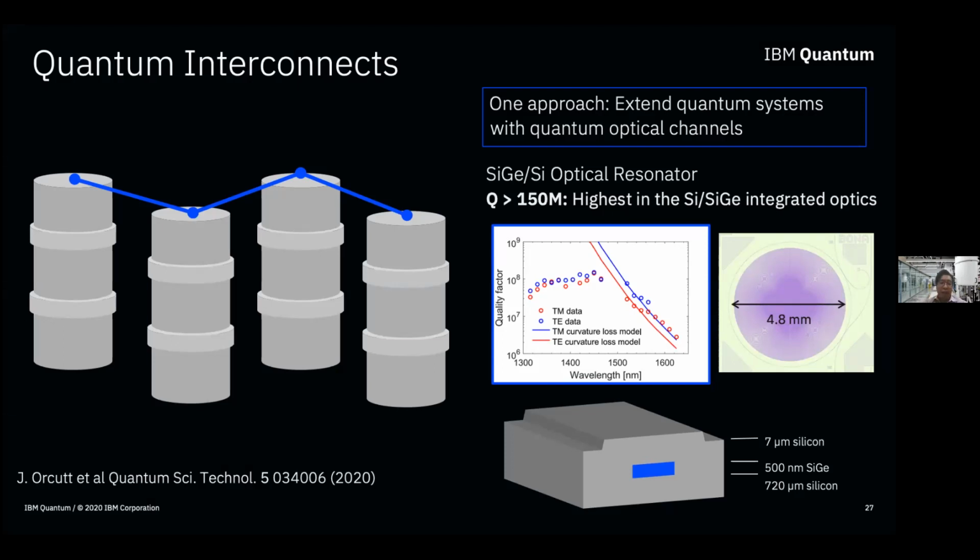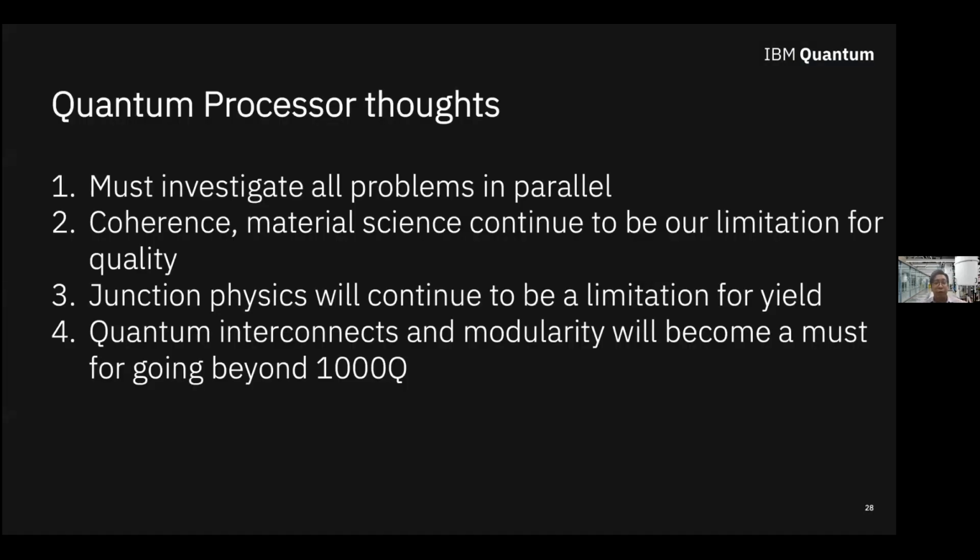And so even on that front, our team has an effort looking at silicon germanium, silicon optical resonators, where we've been able to make quality factors in excess of 100 million, right? And these start to become enabling technologies that perhaps start to build towards more modular systems of quantum computing in the future.